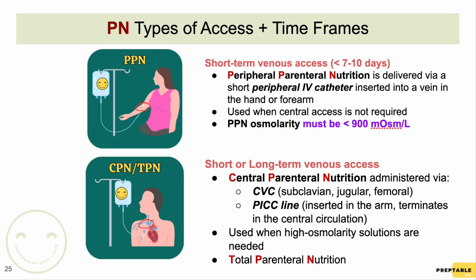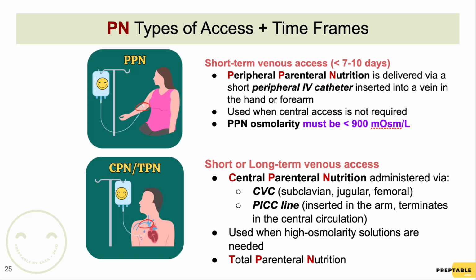It's appropriate when the patient only needs partial nutrition support, so not the full calorie or protein replacement, or it's appropriate to use when the PN needs are temporary, so while waiting for the central access, or the patient is transitioning to enteral or oral intake.